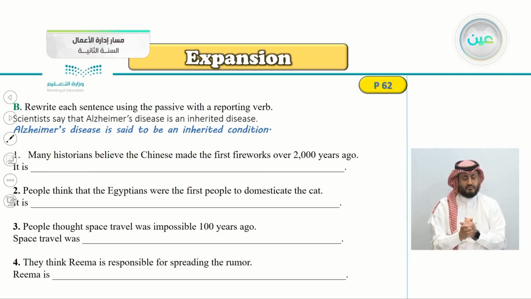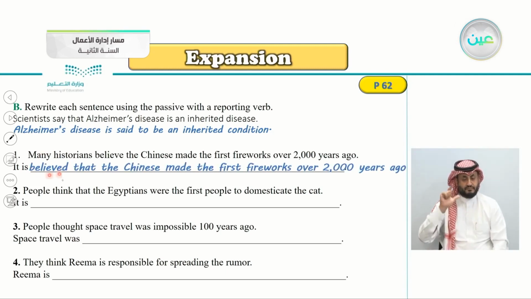How do we make this one into reporting verb? It is very good. It is believed, because here is the verb believe, that the Chinese made the first fireworks over 2,000 years ago.